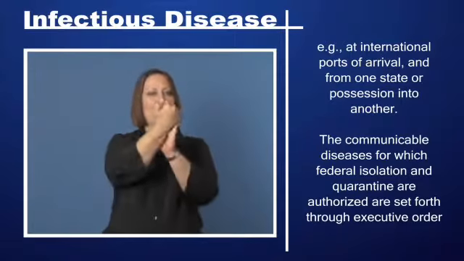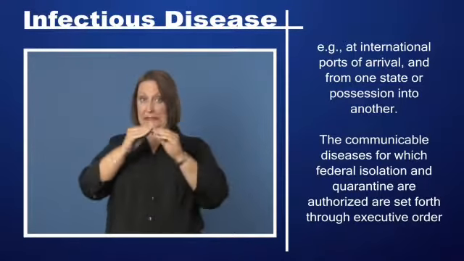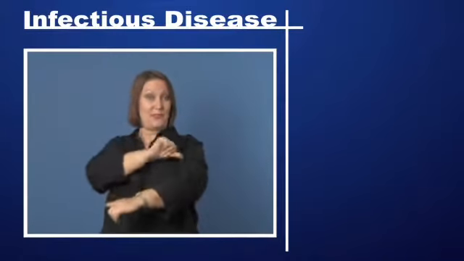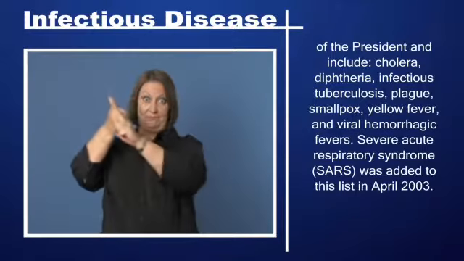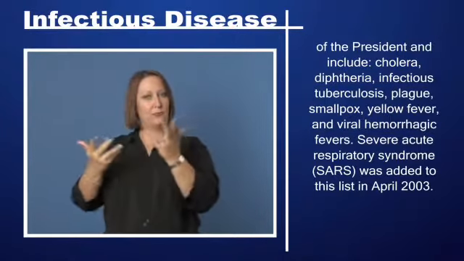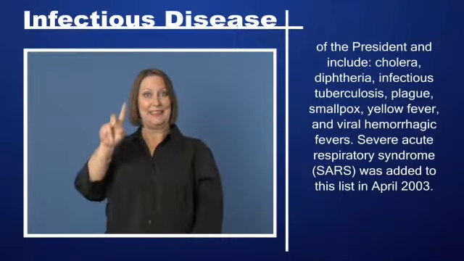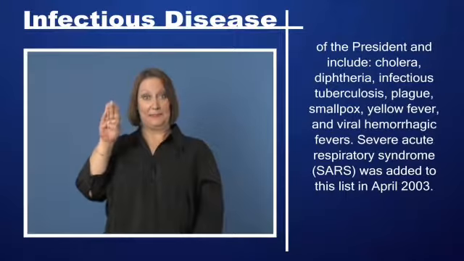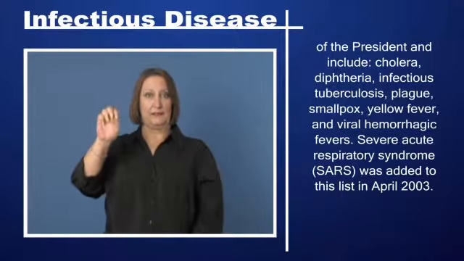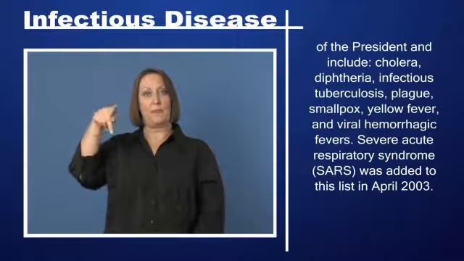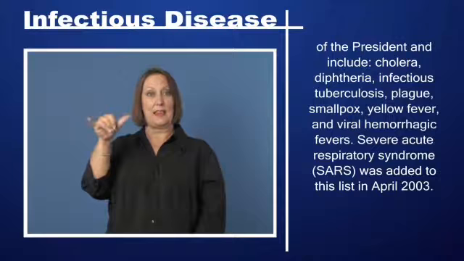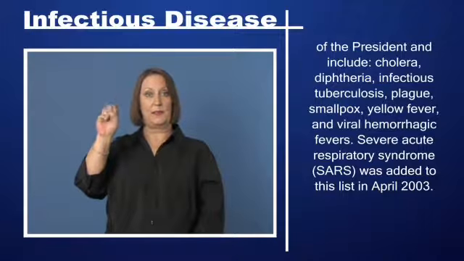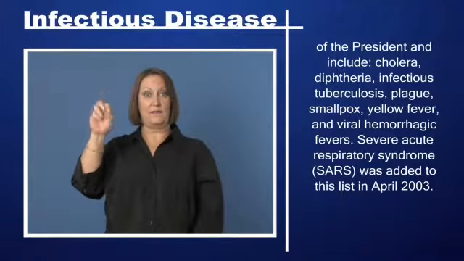The communicable diseases for which federal isolation and quarantine are authorized are set forth through executive order of the President and include cholera, diphtheria, infectious tuberculosis, plague, smallpox, yellow fever, and viral hemorrhagic fevers.